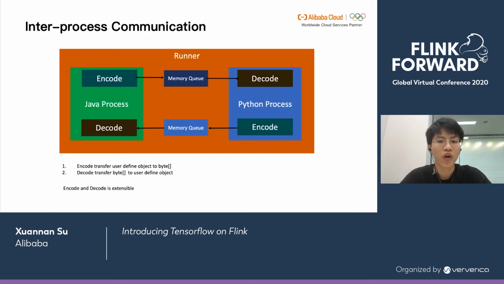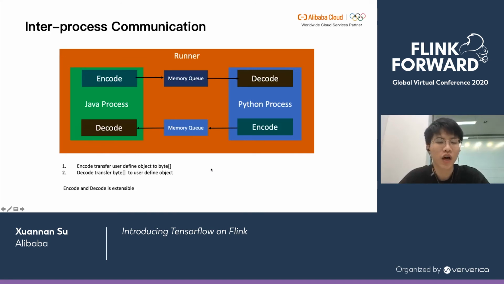The memory queue only introduces 10% of performance overhead compared to running the same logic without a memory queue in a Java process. And you may have noticed that you need to have an encoder and decoder in both the Java and Python processes.